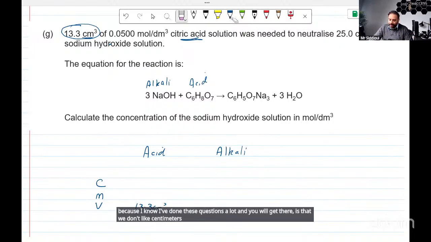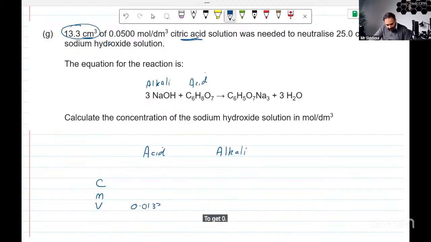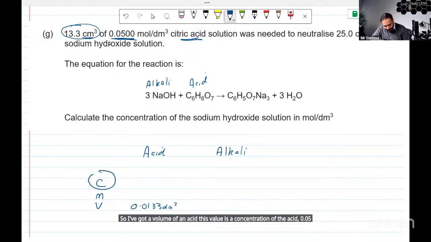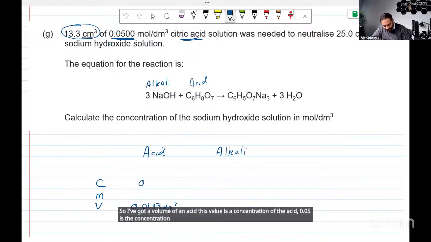Most of the time, they want the answers involving dm cubed. So now I will just divide this by 1,000 to get 0.0133 dm cubed. Just saves me doing it later. So I've got a volume of an acid. This value is a concentration of the acid. 0.05 is the concentration of the acid. So I'm putting 0.05 moles per dm cubed there.